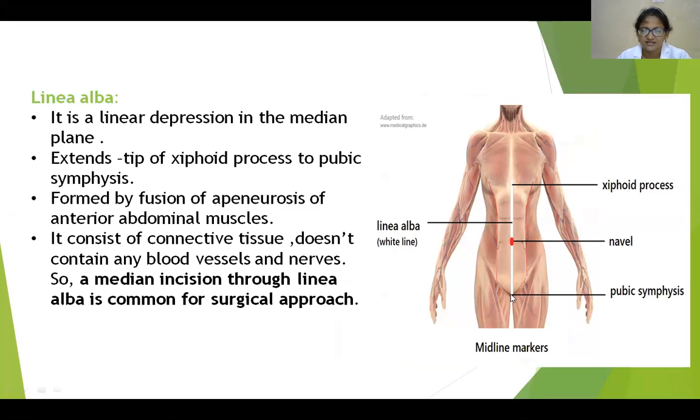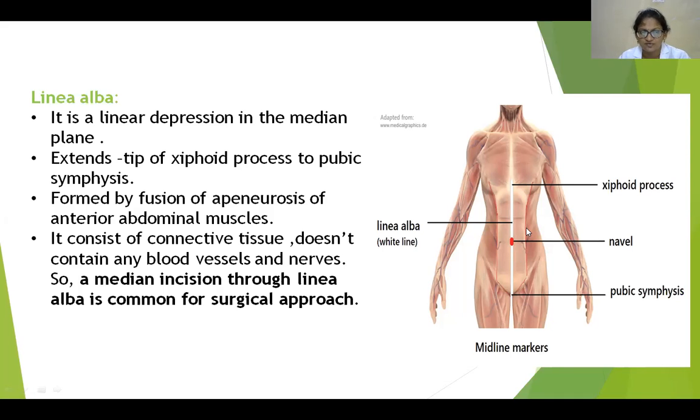It lies in a linear depression in the median plane, extending from the tip of the xiphoid process to the upper surface of the pubic symphysis. This is the extension of the linea alba.